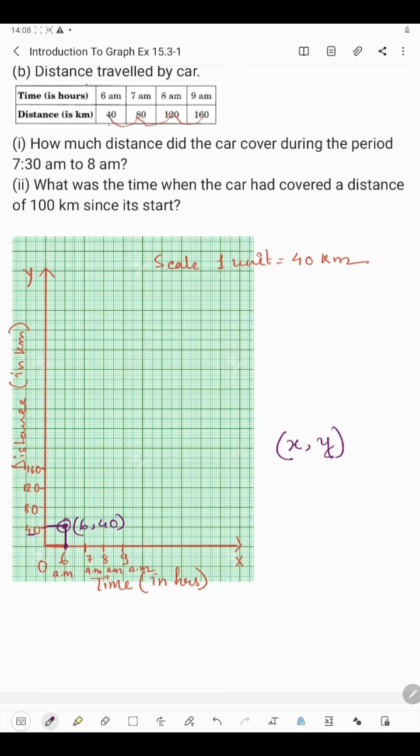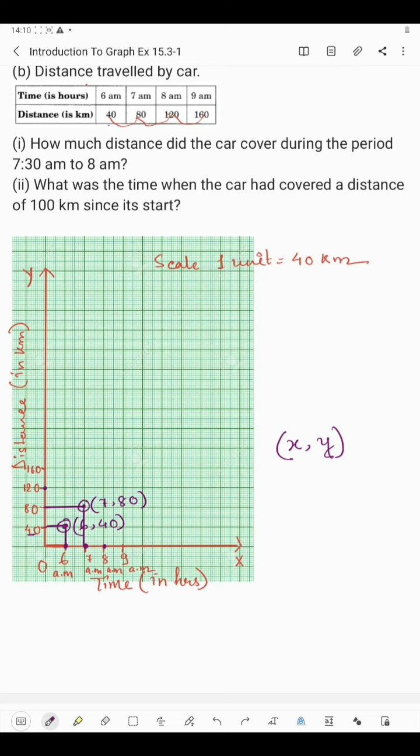Next we have at 7 am 80 kilometer distance it travels. So 7 is on the x-axis, so from 7 we will go upwards, and from here we will have to go towards left to find the distance 80 kilometer, which is on the y-axis. So this is the coordinate 7, 80. 7 is the value of x and 80 is the value of y.